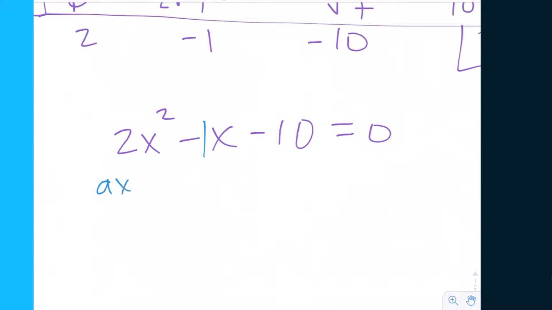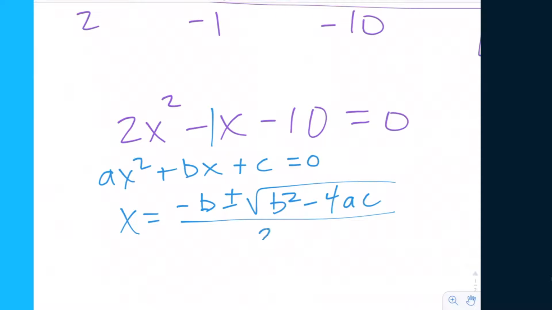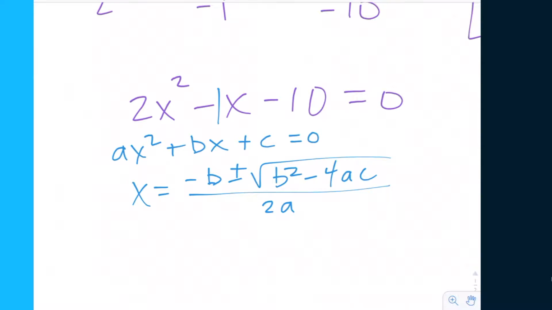So ax squared plus bx plus c is the standard form when it's equal to 0. And then the solutions are x equals the opposite of b plus or minus the square root of b squared minus 4ac, all over twice a. So in our problem, a is equal to 2, b is equal to negative 1, and c is equal to negative 10, menos 10.